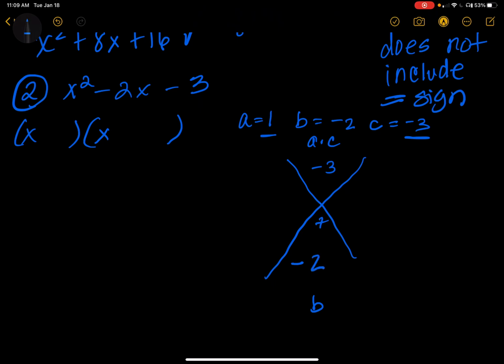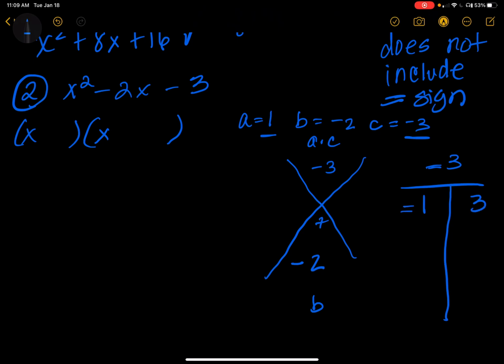So let's look. Our factors of a negative 3, if we want to multiply and have the product equal a negative, then we know one of our numbers needs to be negative. So our factors of a negative 3 is 1 and 3. And one of those has to be negative.